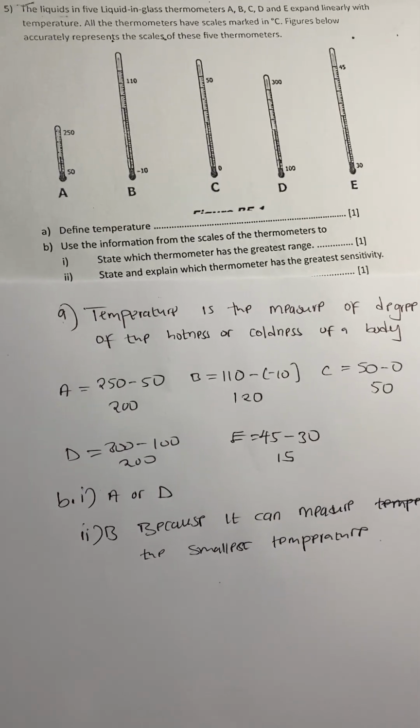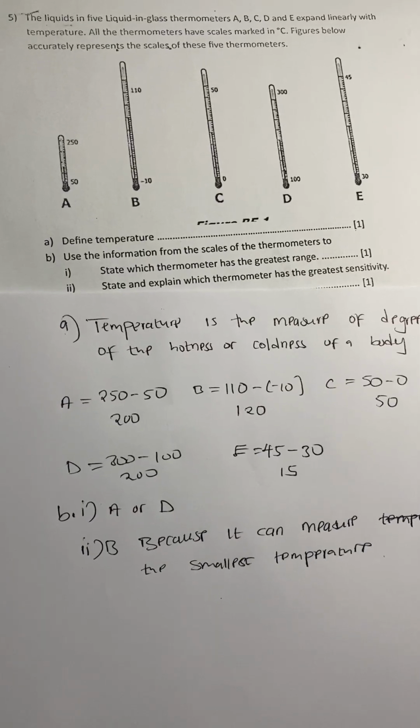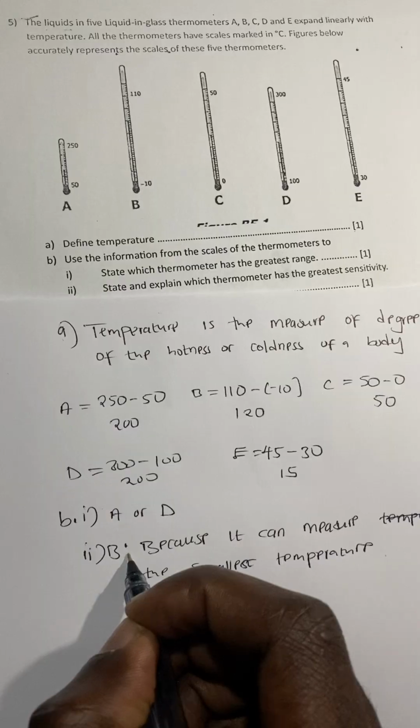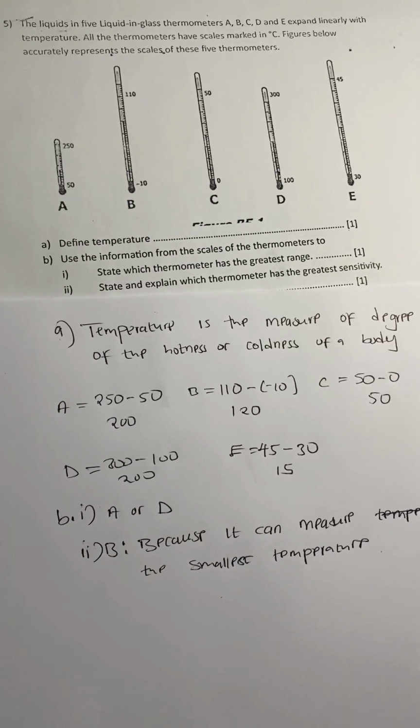Okay, so the thermometer with the greatest sensitivity is thermometer B, because it can measure the smallest temperature.